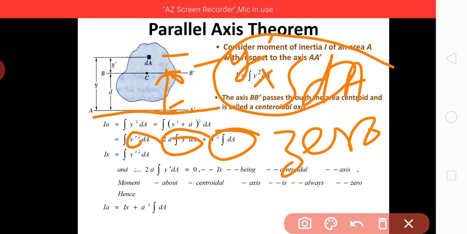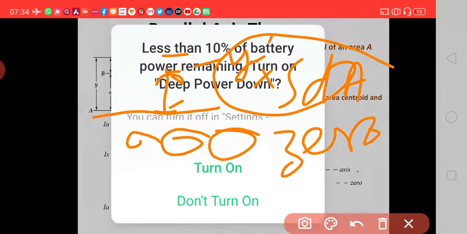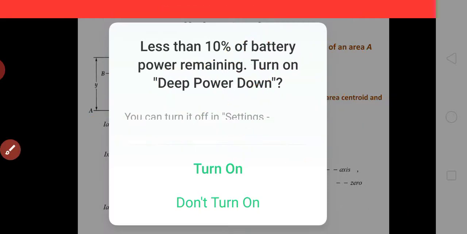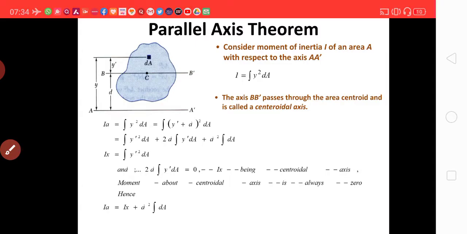So the parallel axis theorem says that the moment of inertia about an axis which is parallel to the centroidal axis will be equal to the moment of inertia about the centroidal axis plus the square of the distance between the two axes multiplied by the area of the plane under consideration.